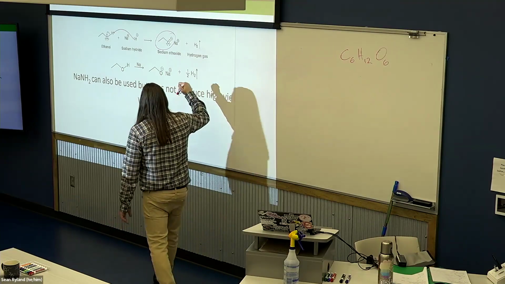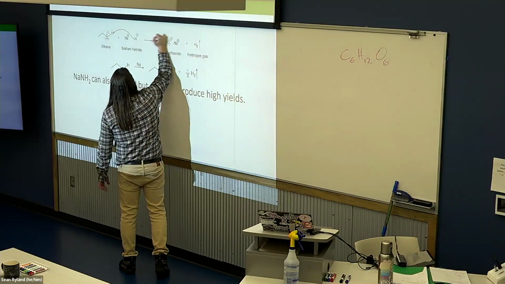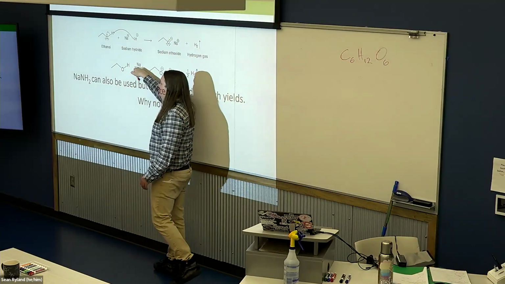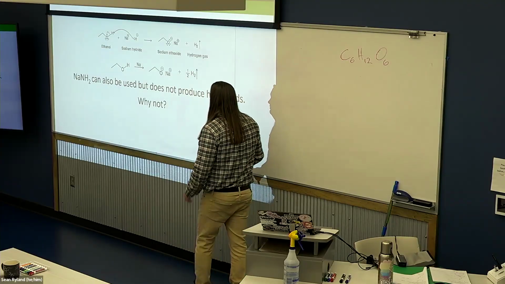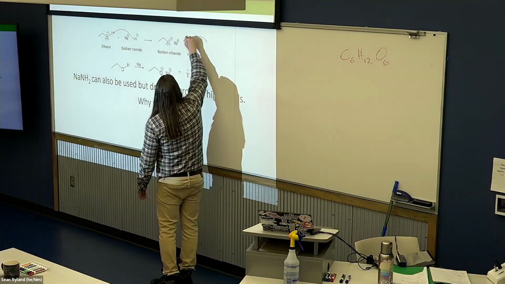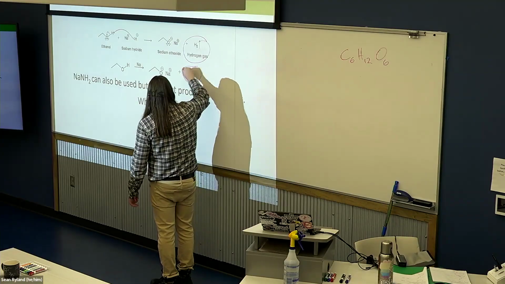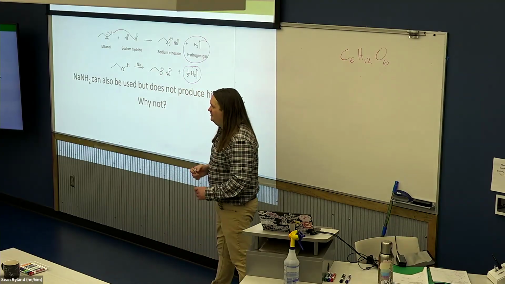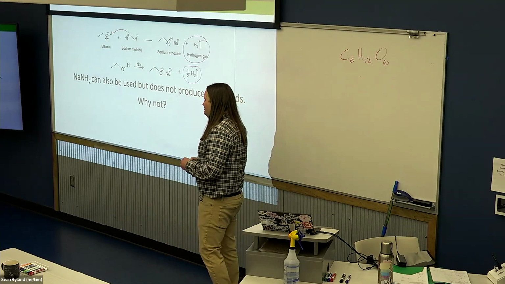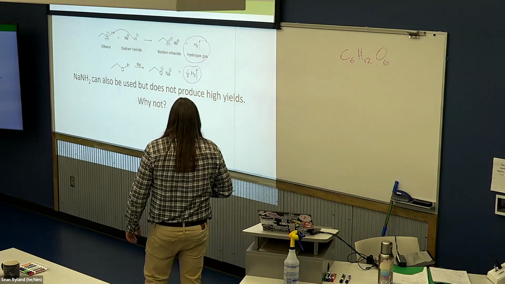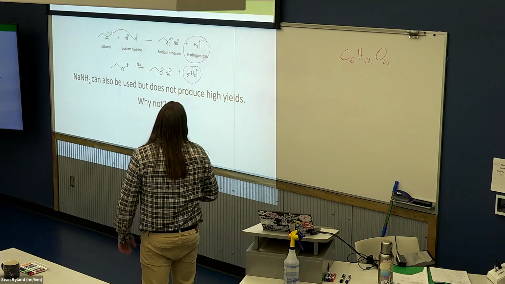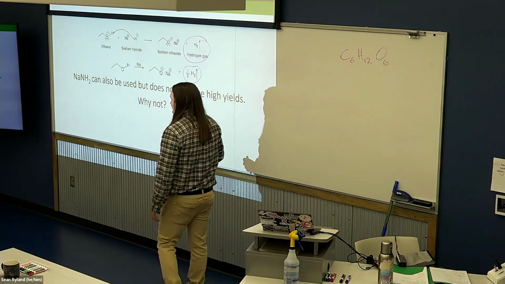Whereas if we use something like sodium hydride, or even just sodium metal, in both of these cases we make hydrogen gas as one of the products. If we make hydrogen gas, that's no longer part of the equilibrium process, right?